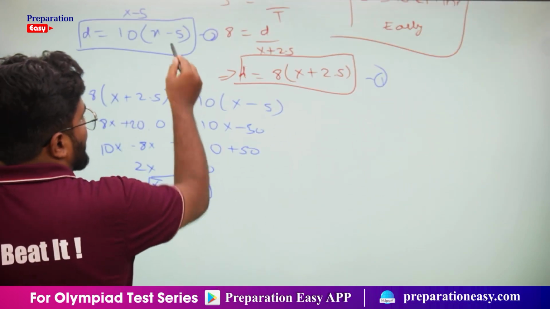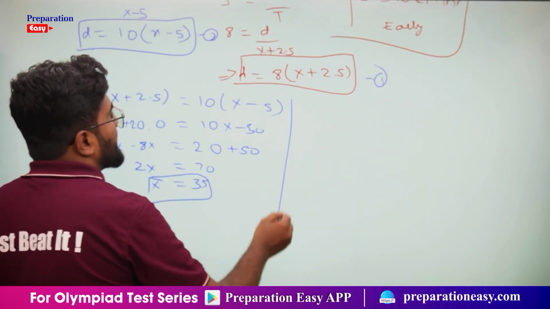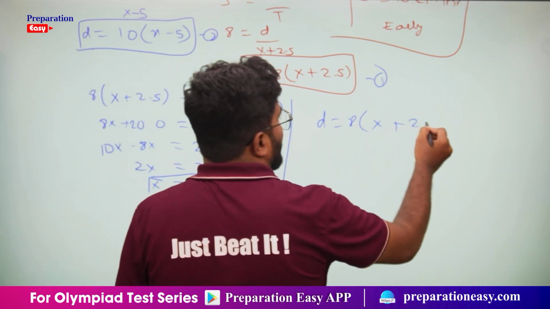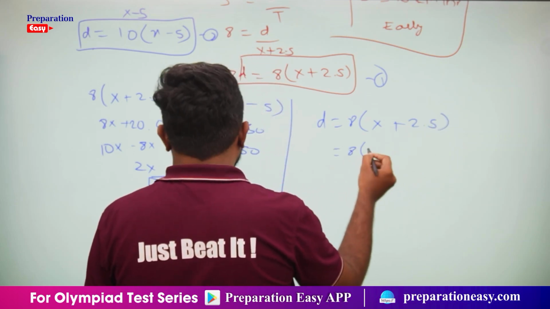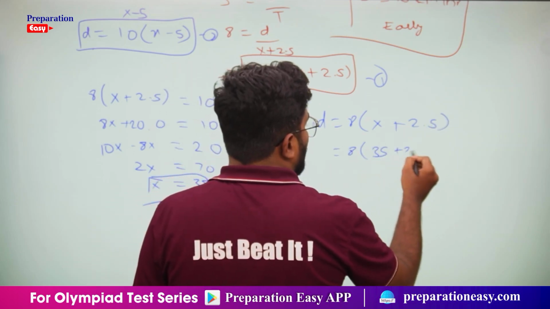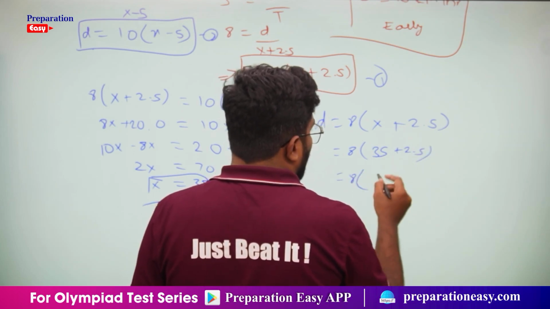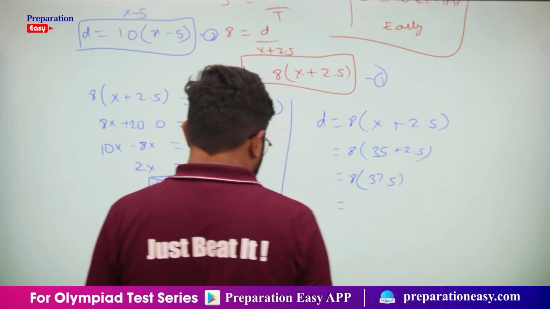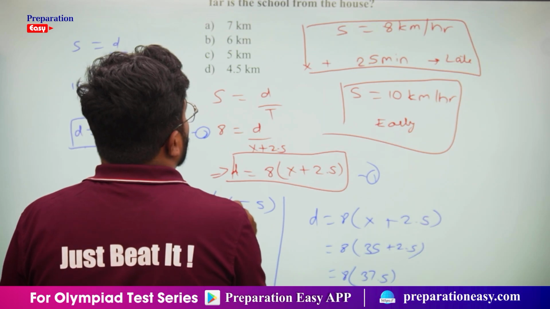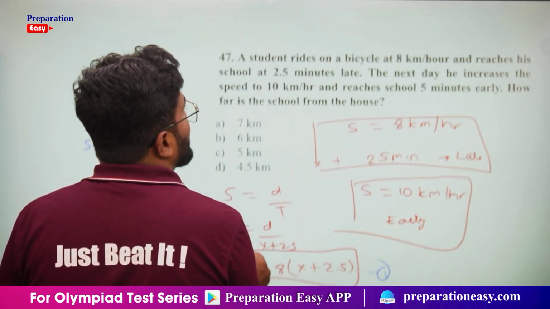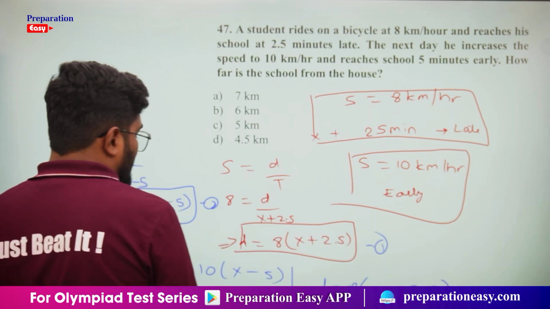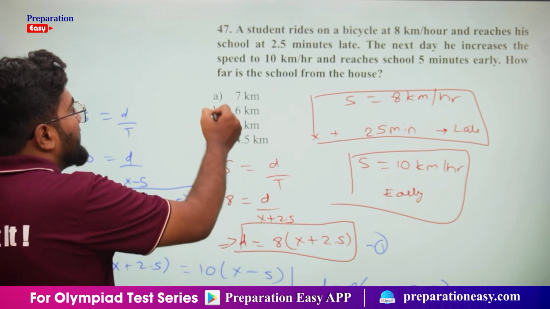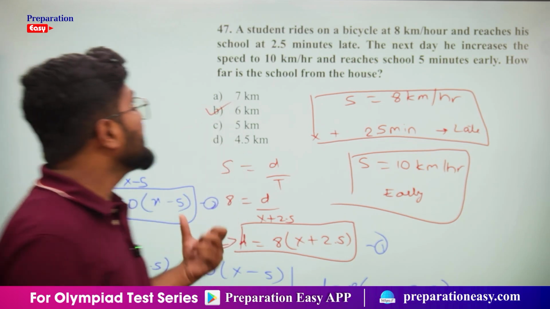Let's put the value of x in equation 1, that is d equals 8 in bracket x plus 2.5, which is 8 times (35 plus 2.5), 37.5. So the answer would be 6 kilometers.